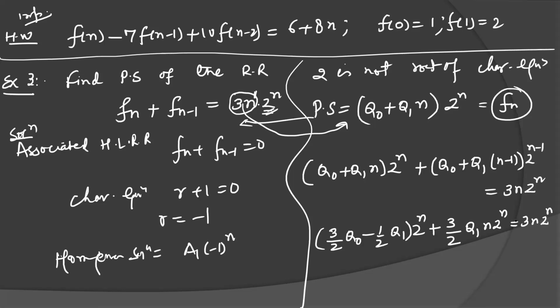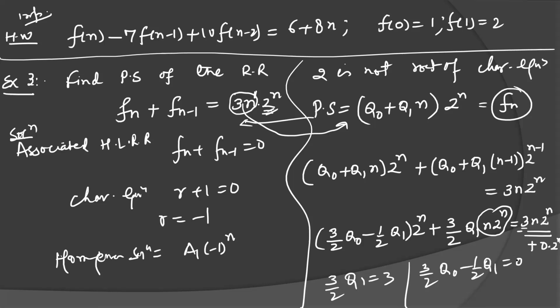Compare the coefficients. Here n into 2 to the power n has coefficient 3. So 3 by 2 q1 equal to 3, but there is no coefficient of 2 to the power n, so we can write 0 into 2 to the power n. It means 3 by 2 q naught minus 1 by 2 q1 equal to 0. After solving this, we can see that q1 equal to 2 and q naught equal to 2 by 3.